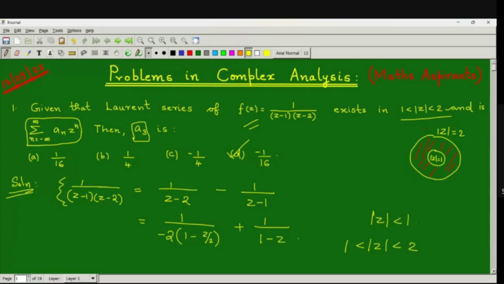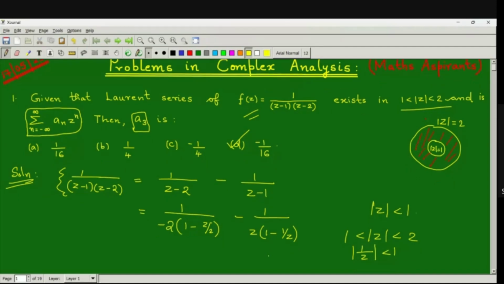We have to get 1 minus something of modulus less than 1. So what is the better option? You can take z outside, then it is 1 minus 1 by z. Now see, 1 by z has modulus less than 1. So this has a Laurent series expansion.